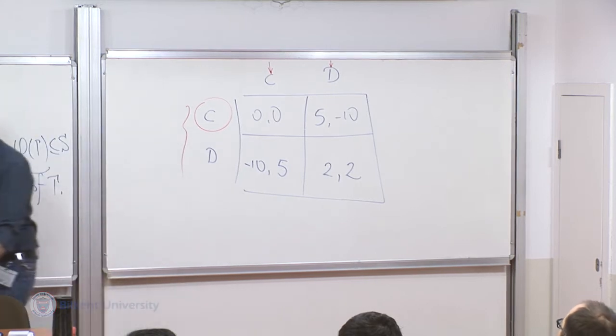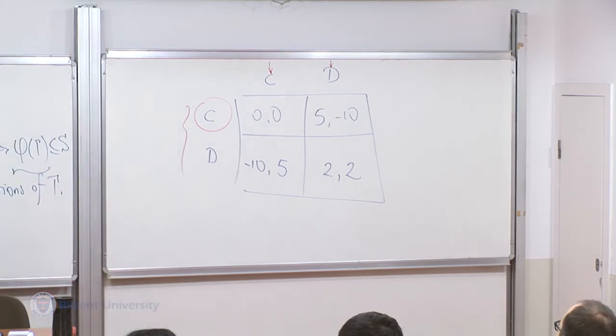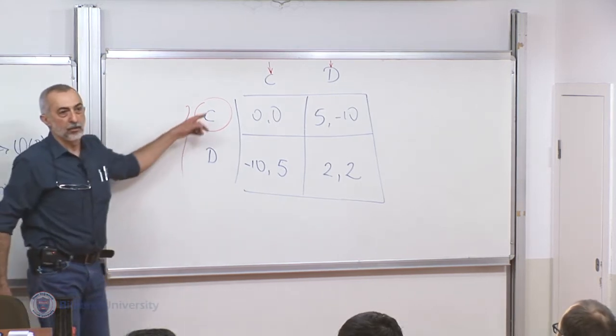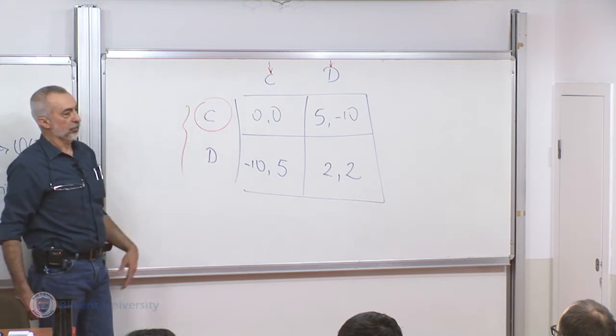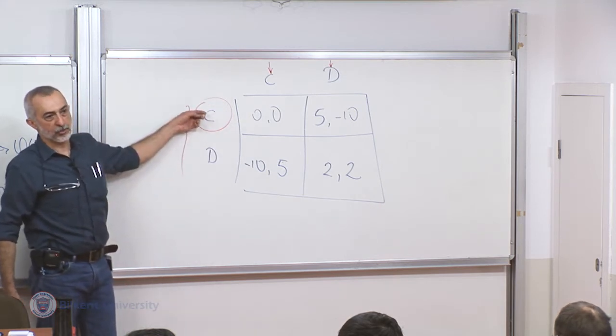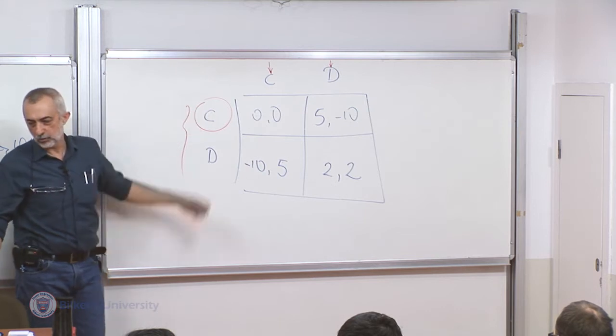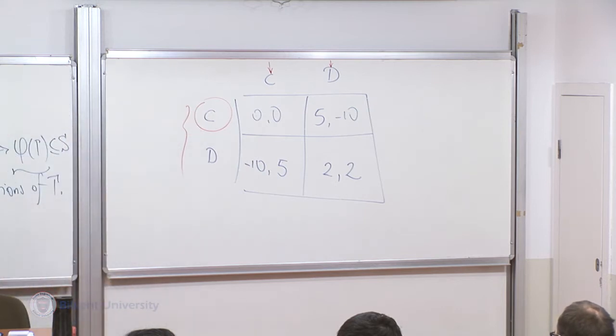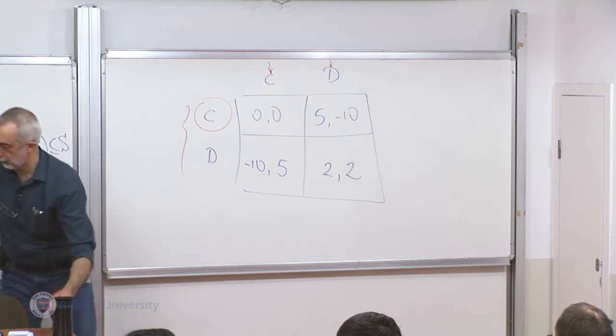So, it looks like a good prediction. I would predict that anybody playing this game would play C. And looking at the numbers, there's always some room for error, especially when you're dealing with people. Our prediction seems to be pretty good. Okay? So we'll formalize this.